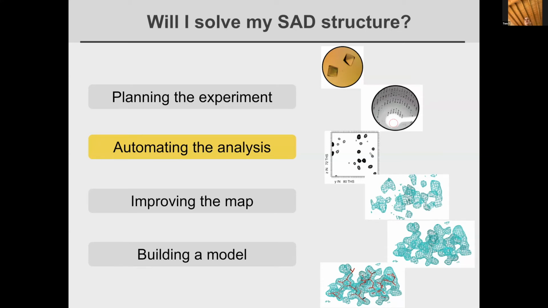But I'll tell you that it's relatively uncommon to be able to solve the structure if your figure of merit of phasing starts out under 0.2, but it is possible. And there are definitely cases where that can be done. And the thing that becomes important next is, suppose you have a low figure of merit. Is there a way to improve the accuracy of phasing? And what are the ways to improve the accuracy of phasing?